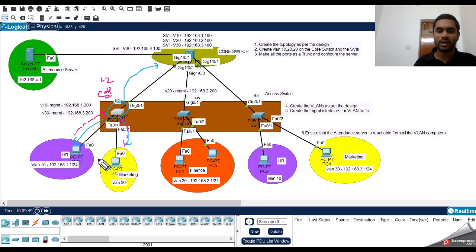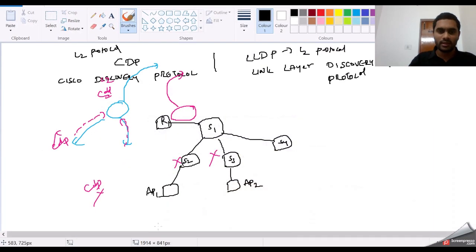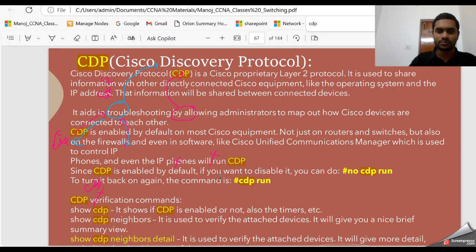Since computers are not network devices, you are unable to see CDP here. Same story for this switch also. Even if you go to this building switch and ask show CDP neighbor, it will say only the core switch is my neighbor. This computer is not my neighbor, because they both don't know the CDP protocol. So I hope it is clear what CDP is, and let's go back to the theory.